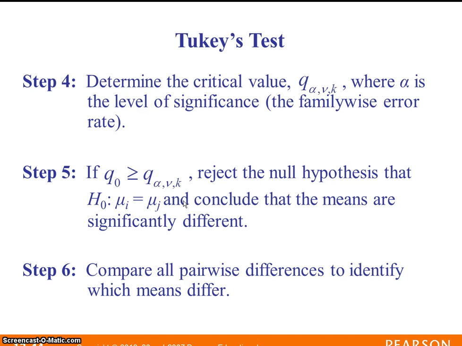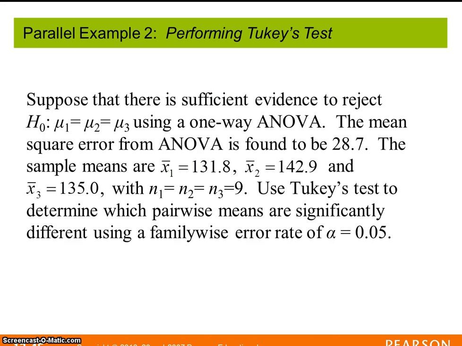So just to give you an example here, let's say that we've determined that there is sufficient evidence to conclude that at least one of the means is different, and the mean square error from the ANOVA is found to be 28.7.